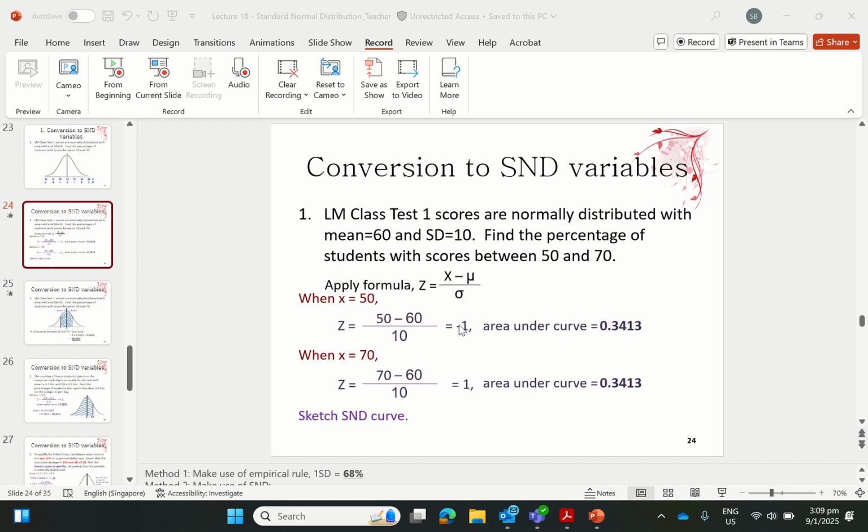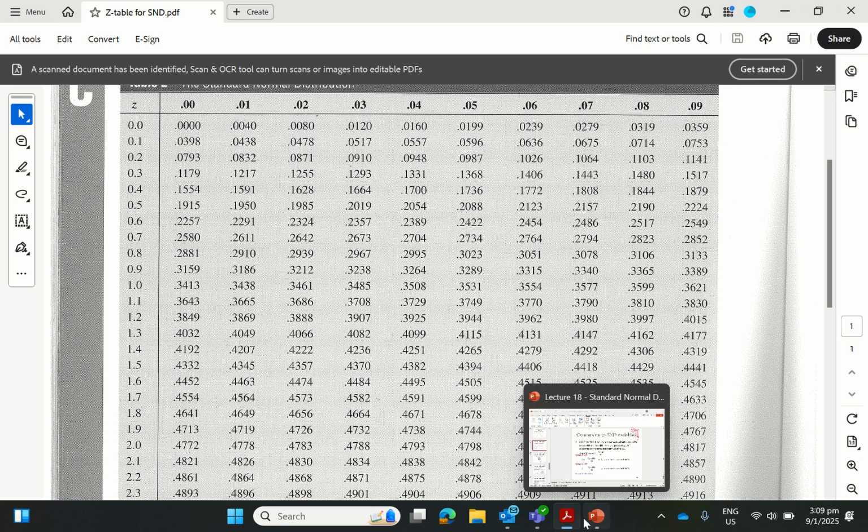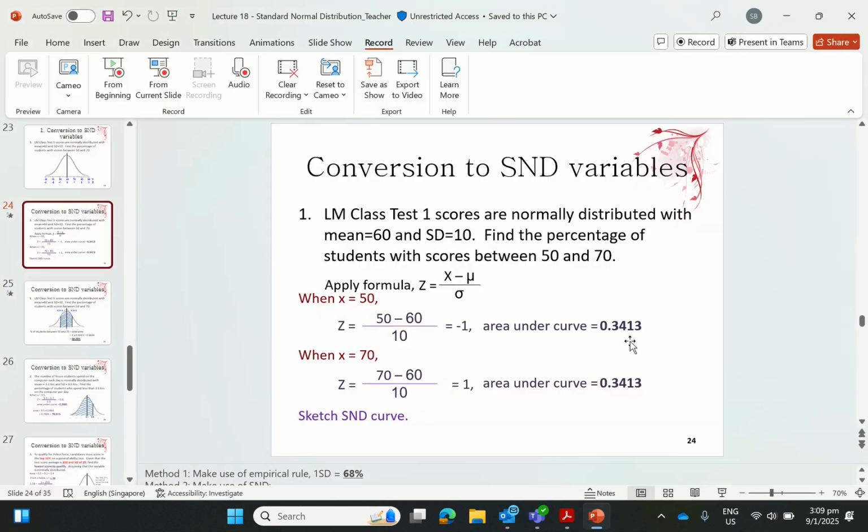So using this Z of 1.00, I use the Z table to get the area of 0.3413.